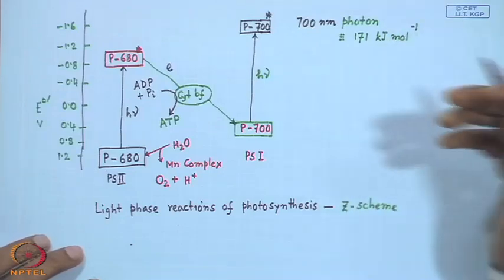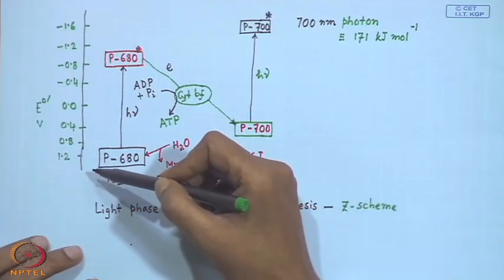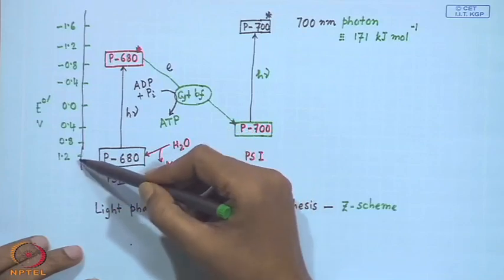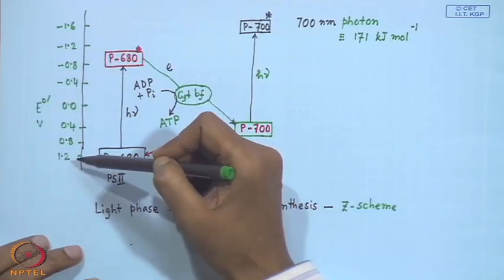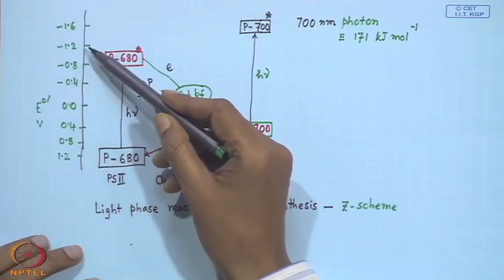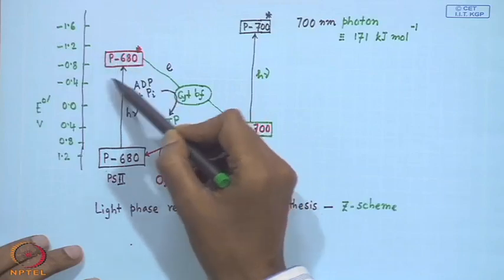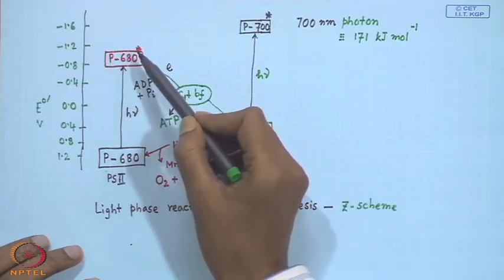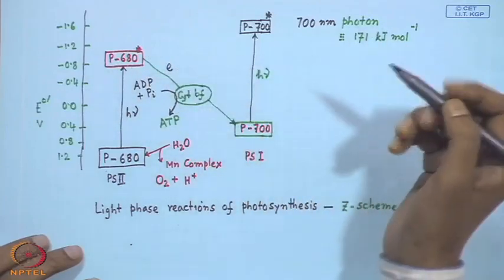So, basically, what wavelength is required to move this species from here to here? Some species which is highly oxidizing can be moved to the other step, where the system can function as a reducing agent, because it can transfer the electron in the excited state only.